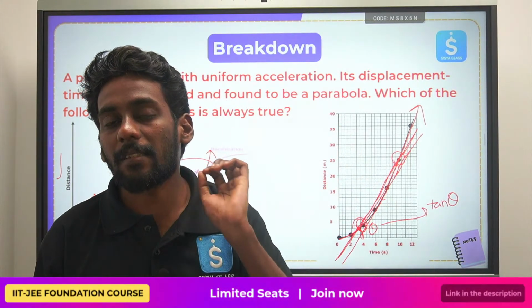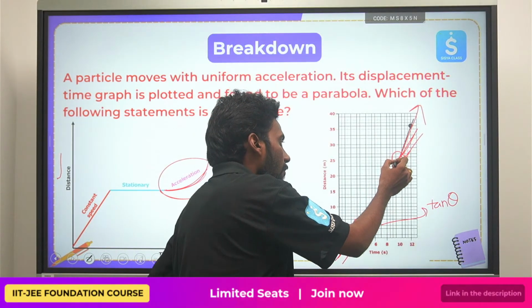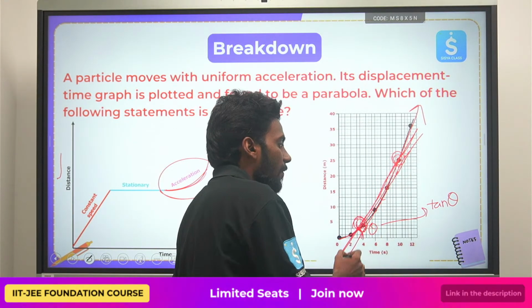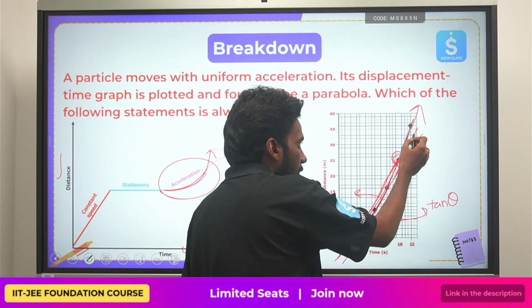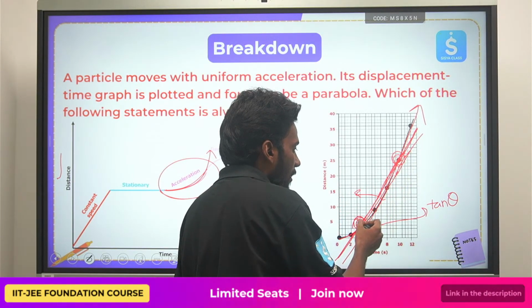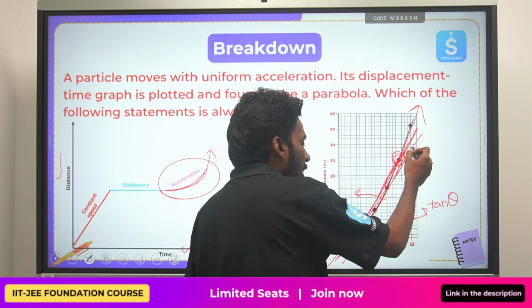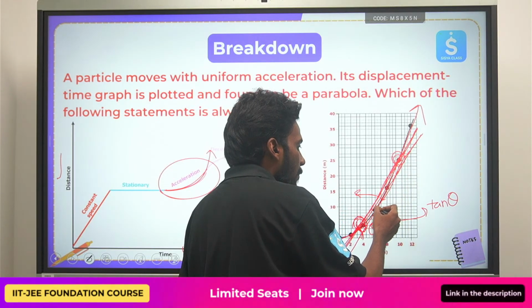You have first drawn a line passing through 2 points of this graph to find the average velocity. So this line will be parallel to the tangent which you are drawing at the midpoint of the graph.